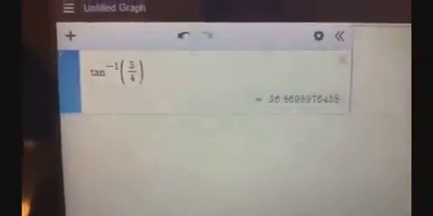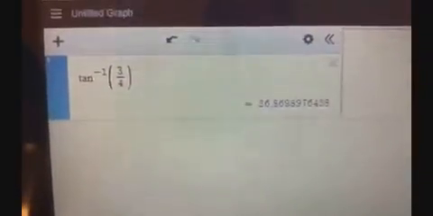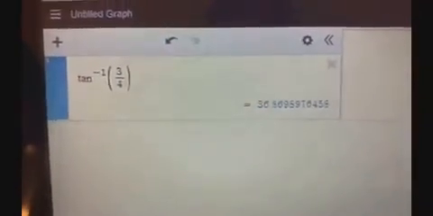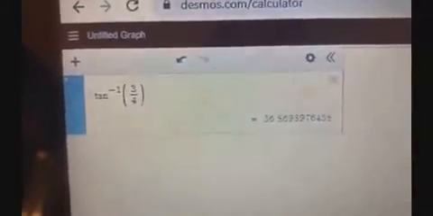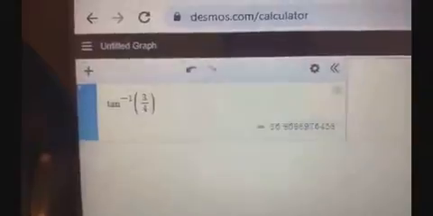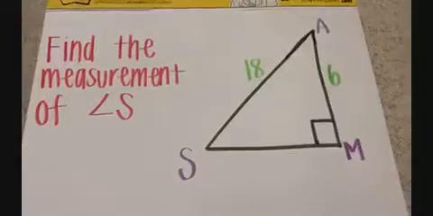Angles are always measured in degrees. When we come back to our problem, you now have the correct answer. If I'm rounding to the whole degree, this 36.8 will round up to 37. Your final answer for angle A is going to be 37 degrees.